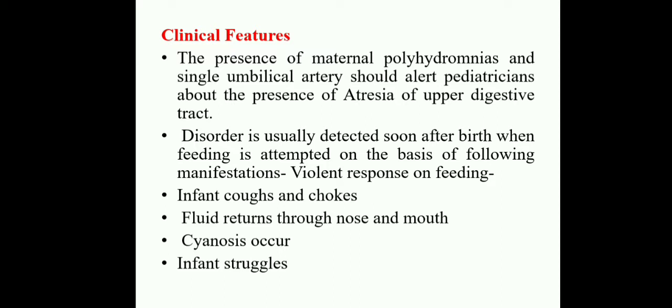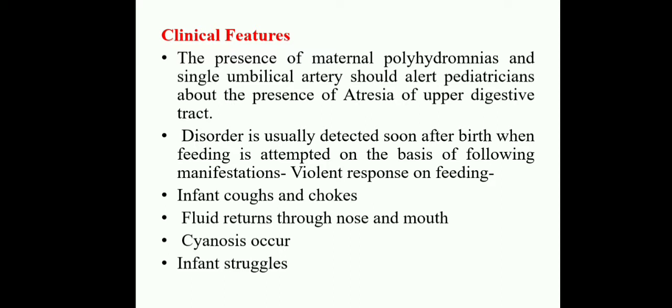Next, the disorder is usually detected soon after birth when feeding is attempted, on the basis of the following manifestations: violent response on feeding. The child has a violent response because the breast milk is aspirated into the lungs. The infant coughs and chokes, and the choking is very severe.